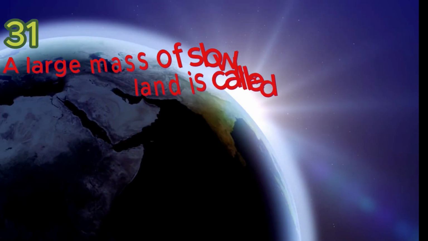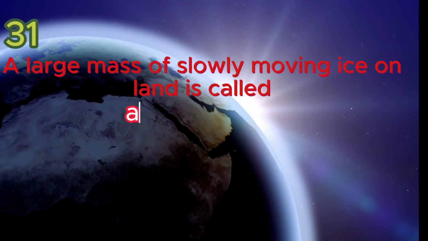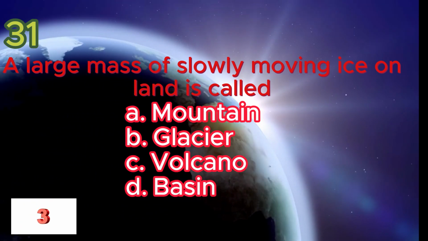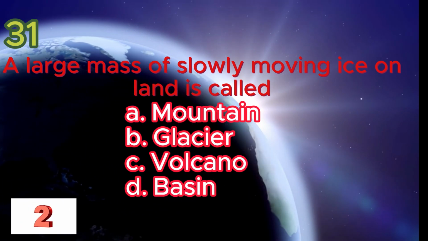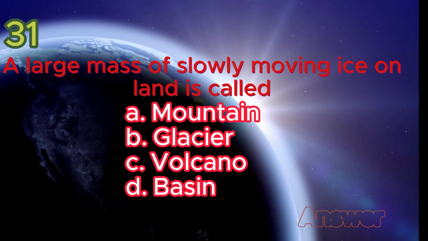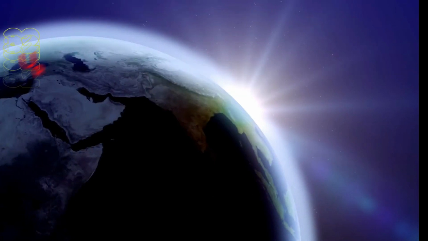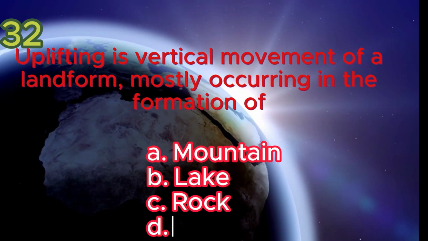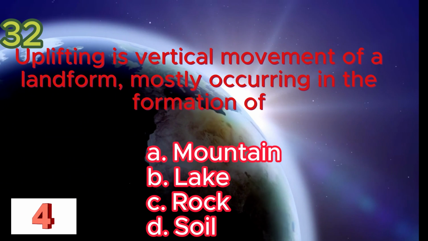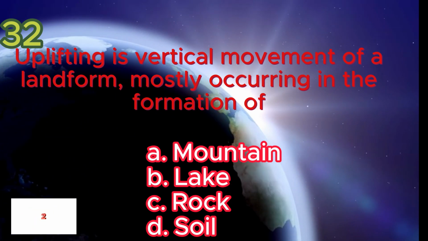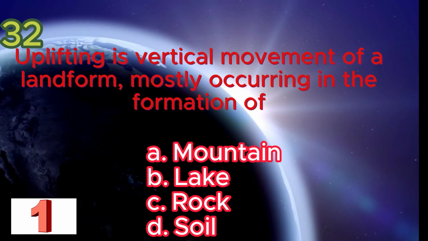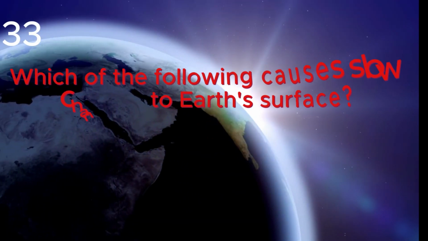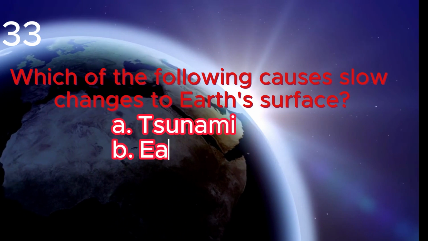A large mass of slowly moving ice on land is called B. Glacier. Uplifting is vertical movement of a landform, mostly occurring in the formation of A. Mountain. Which of the following causes slow changes to Earth's surface?